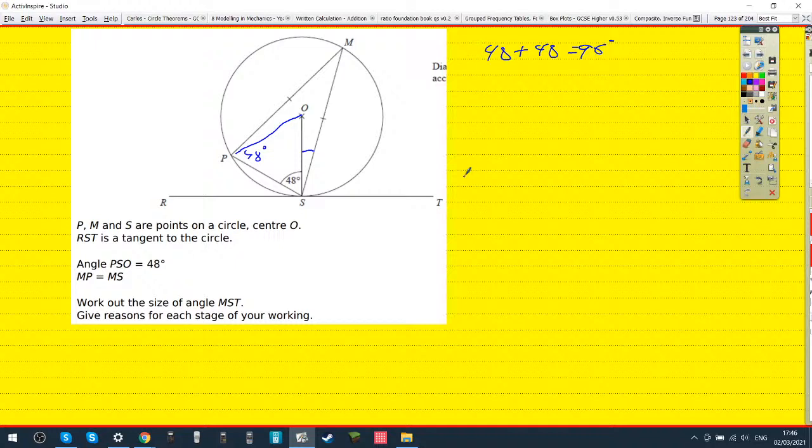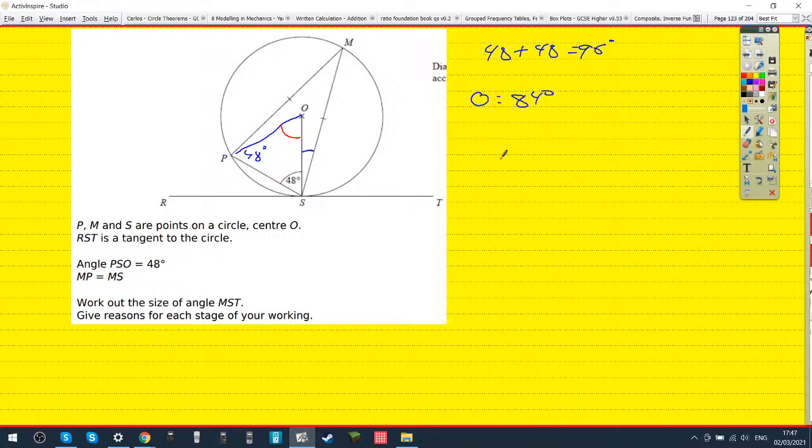Yeah. And so any idea about this one? It's 84 degrees. So that's 84 degrees.